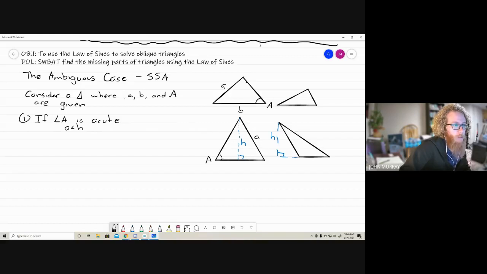If this A was shorter than h, my triangle would stop here, and this part would be empty. So for that, there is no solution. There are no possible triangles.